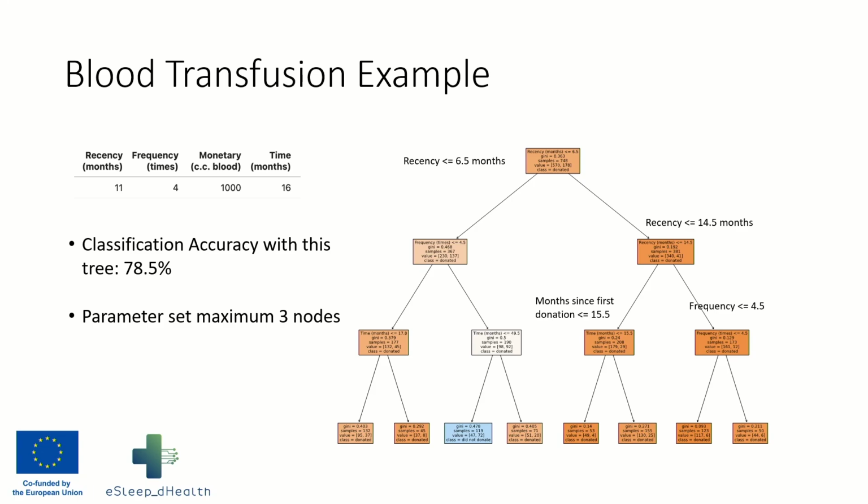What we can learn about this model is that we also have parameters here. So one parameter would be, for example, which kind of purity measurement we choose. So are we choosing the Gini index or something else? Another parameter is the maximum depth of the tree.